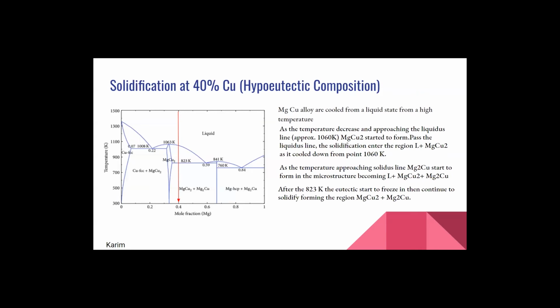As the temperature approaches the solidus line, Mg2Cu starts to form in the microstructure, becoming liquid plus MgCu2 plus Mg2Cu. After 823 Kelvin, the eutectic starts to freeze, then continues to solidify, forming the region MgCu2 plus Mg2Cu.